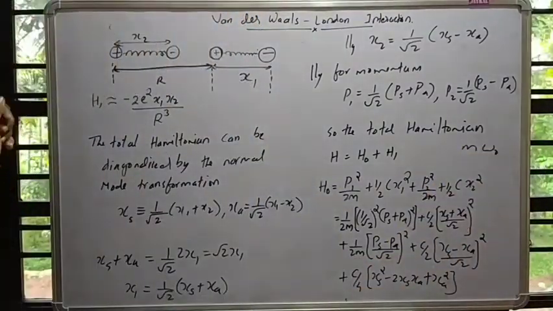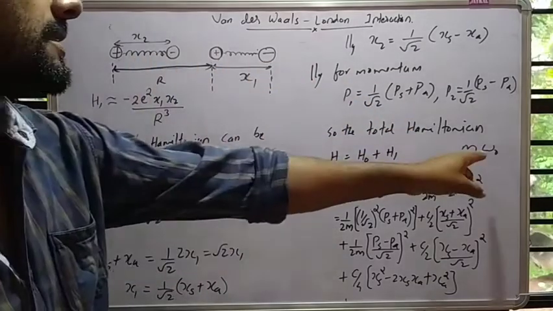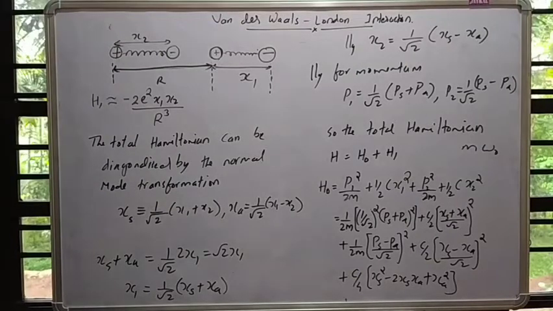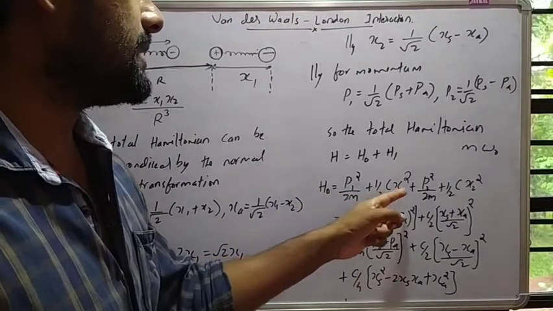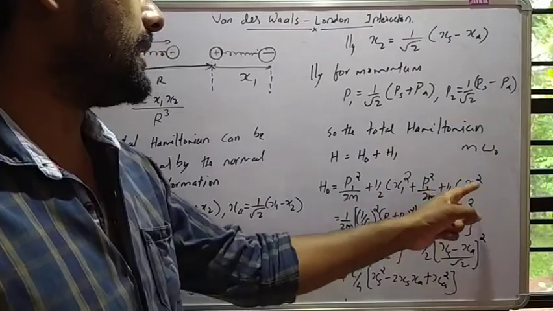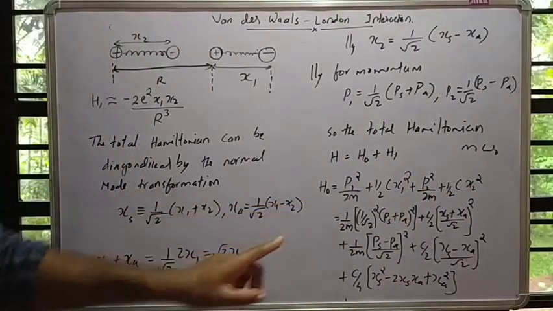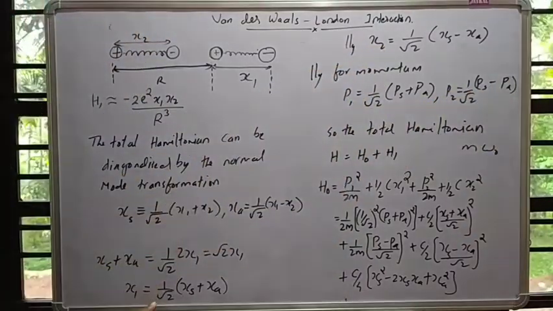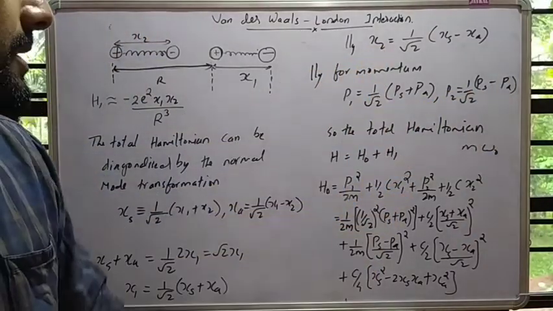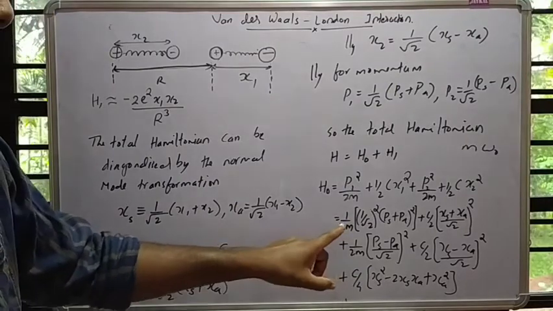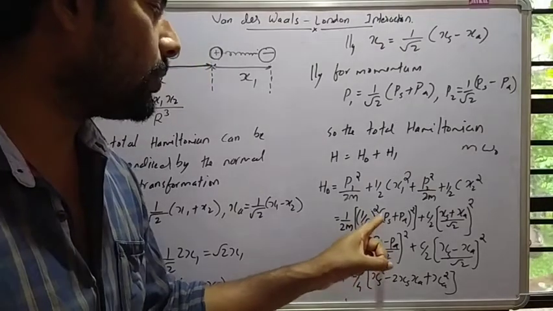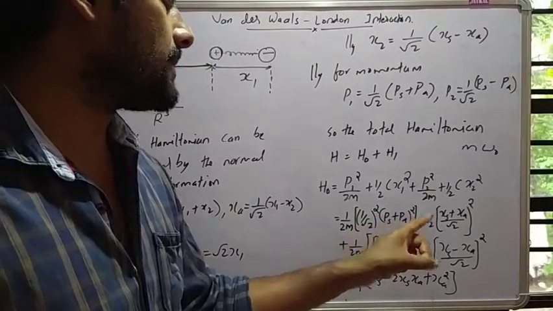Omega naught is the frequency of each oscillator; the frequency of both oscillators is the same. Plus P2 square over 2m plus half C x2 square. Substituting the values of P1, P2, X1 and X2 from these equations, we get 1 over 2m times 1 over under root 2 whole square times p_s plus p_a whole square, plus etc.